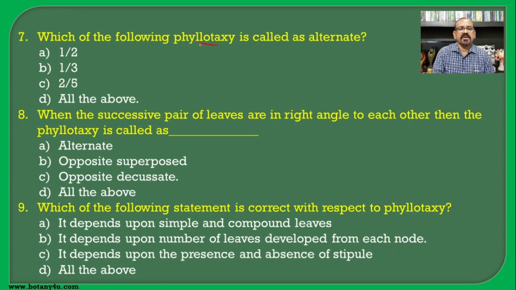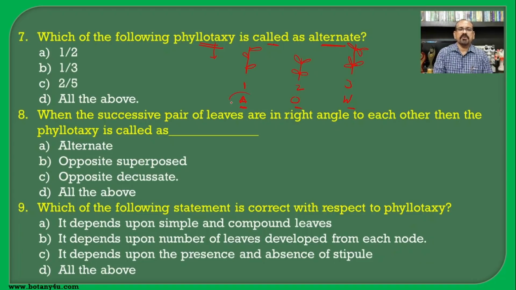Then which of the following phyllotaxy is called as alternate type of the phyllotaxy? The phyllotaxy is classified into the alternate, opposite and the whorl. In the options ABCD there is first A, then O and then W. We have to give the numbers 1, 2 and 3. Here the development of one leaf from each node, then development of two leaves from each node, and development of 3 or more than 3 leaves from each node.